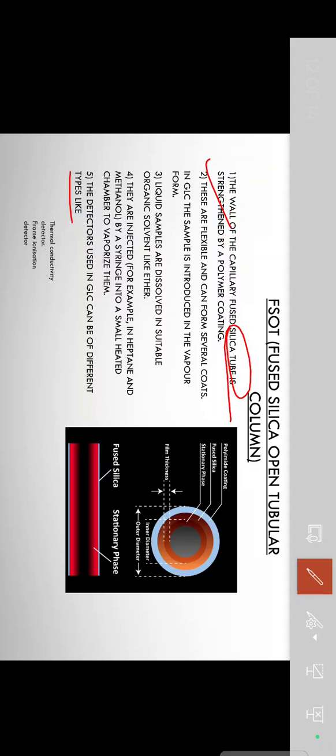Second, these are flexible and can form several coats. Third, liquid samples are dissolved in suitable organic solvents like ether. And fourth, they are injected by a syringe into a small heated chamber to vaporize them, and the detector used in GLC can be of different types like this.